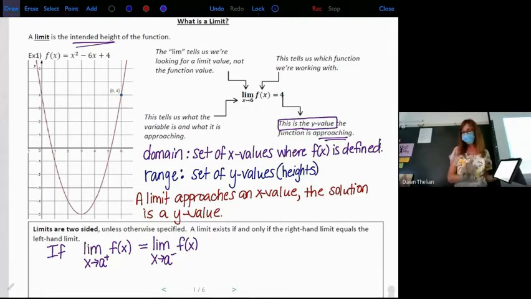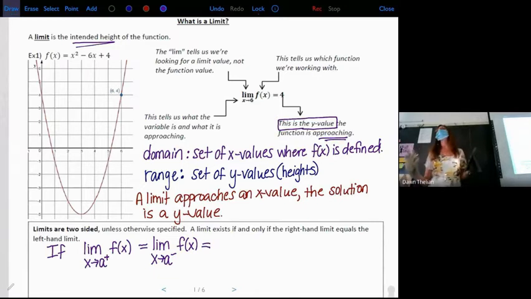If they're equal, if from the left is equal to from the right, let's say they both equal, in this example, it was the number 4, right? But I don't want to put number 4 in one of these notes boxes because it doesn't always have to be 4. Let's call it L, the value of the limit.